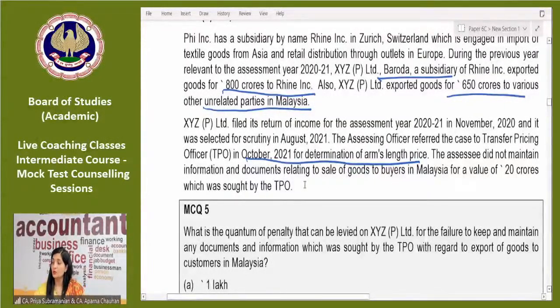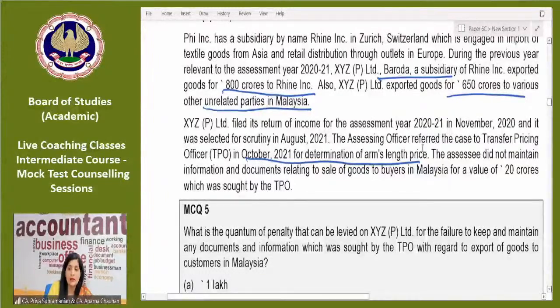Section 92D provides that every person who enters into an international transaction has to keep and maintain prescribed books of accounts and related documents, which are prescribed under Rule 10D. Right? So every person has to maintain the details of international transactions with the AE.